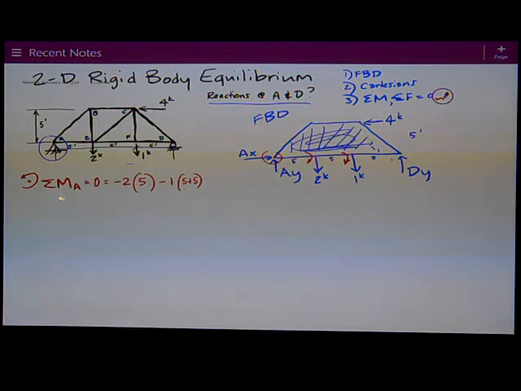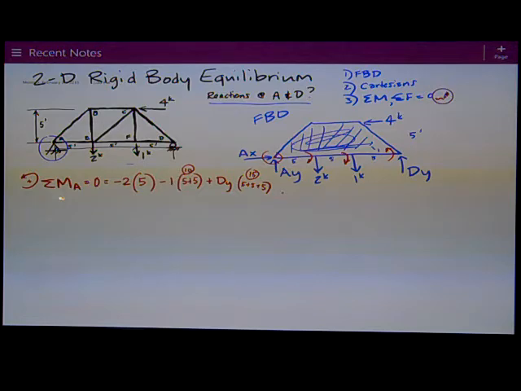I have dy trying to rotate in the opposite direction, in the counterclockwise direction, so it's positive dy times 5 plus 5 plus 5, or 15 feet.